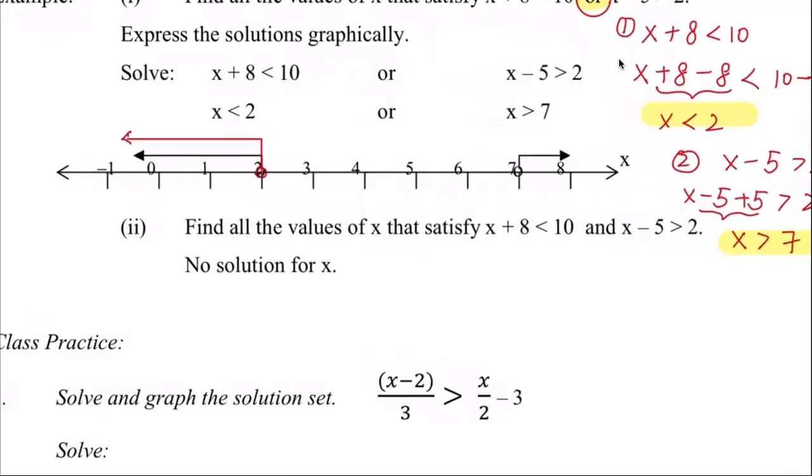This graph means I'm including all the solutions, all the real numbers that are smaller than 2, but not equal to 2.